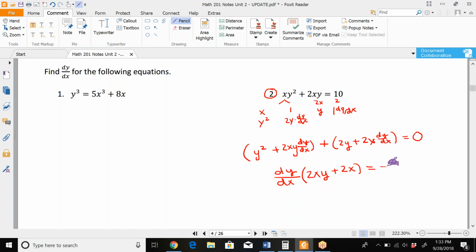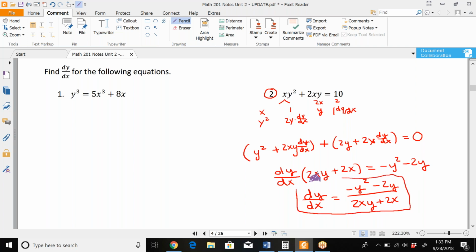On the other side, you subtracted over a y squared and a minus 2y. So to finish this off, we solve by dividing by this parentheses. So the formula for my slope of my tangent line is going to be negative y squared minus 2y all over 2xy plus 2x. So there is dy dx.